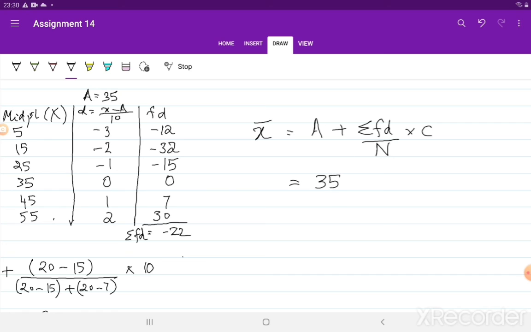Like I said, I had assumed 35 to be the assumed mean, or a, plus minus 22 divided by 77 into 10, which will be equal to around 37.86. Again, I have rounded off, so a few decimal points here and there won't be a big issue.